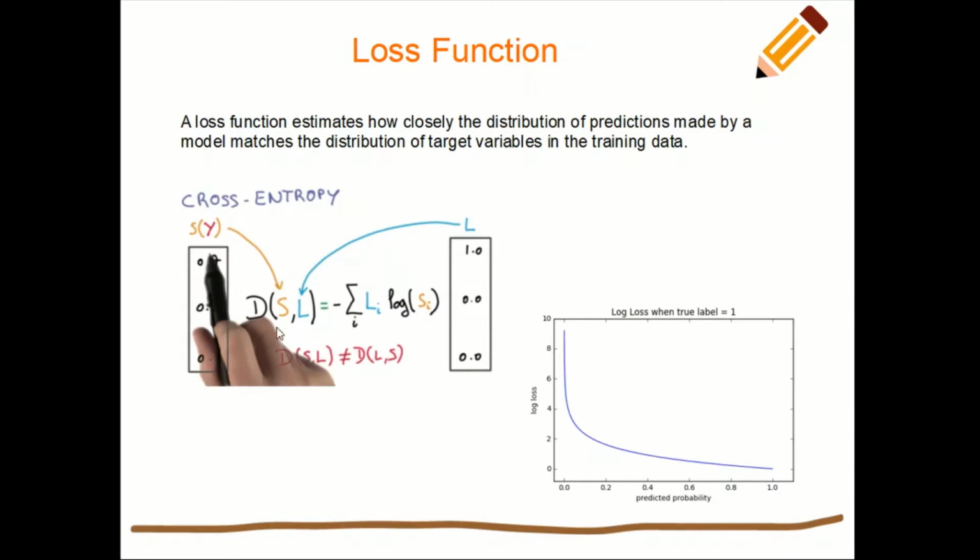Then for binary or multi-class classification we typically use a cross entropy loss. In the cross entropy loss, we compare the softmax values, that is the predicted values, and the labels, using a function called log loss.